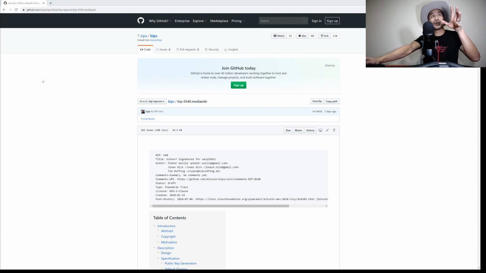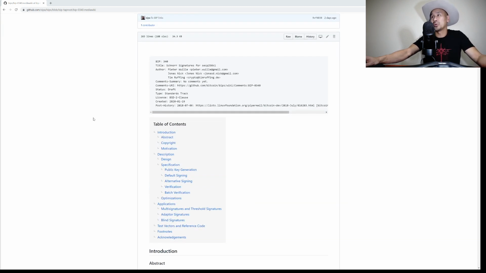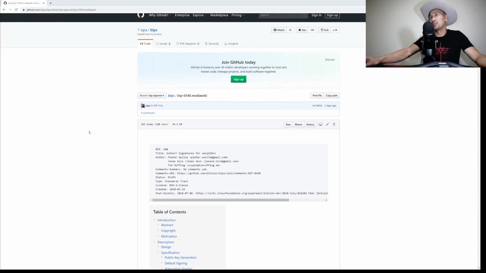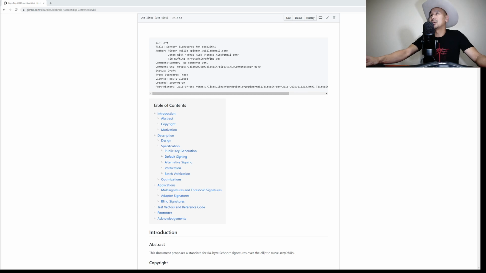But basically, this is BIP-340 in sipa's repository. Sipa is Pieter Wuille. He's the one that actually has this pull request out. So this is where I am taking a look at it. It did get assigned numbers: BIP-340, 341, 342. 340 is Schnorr signatures for secp256k1. So without further ado, let's get going on examining what it says.